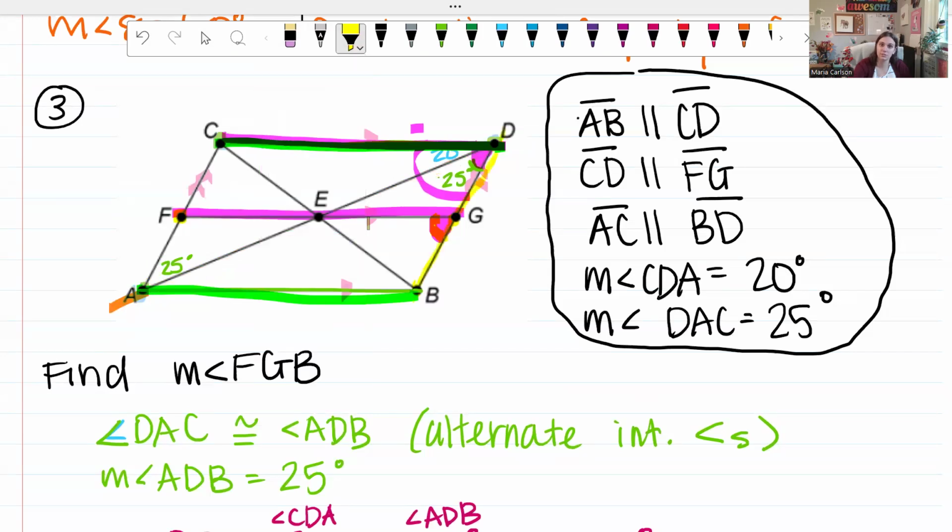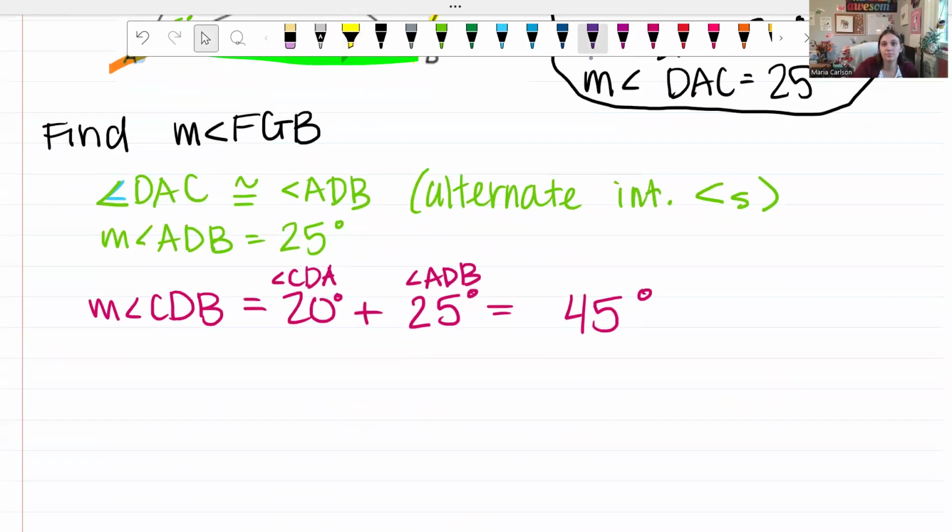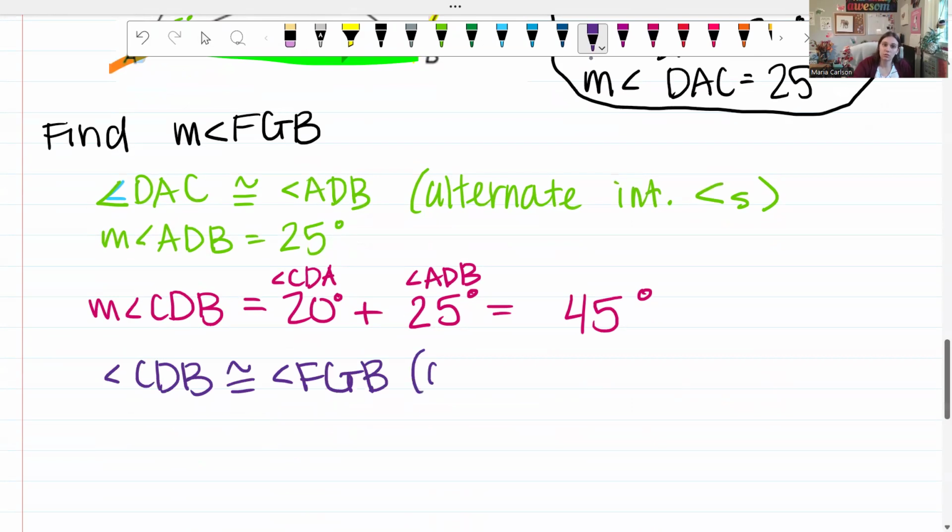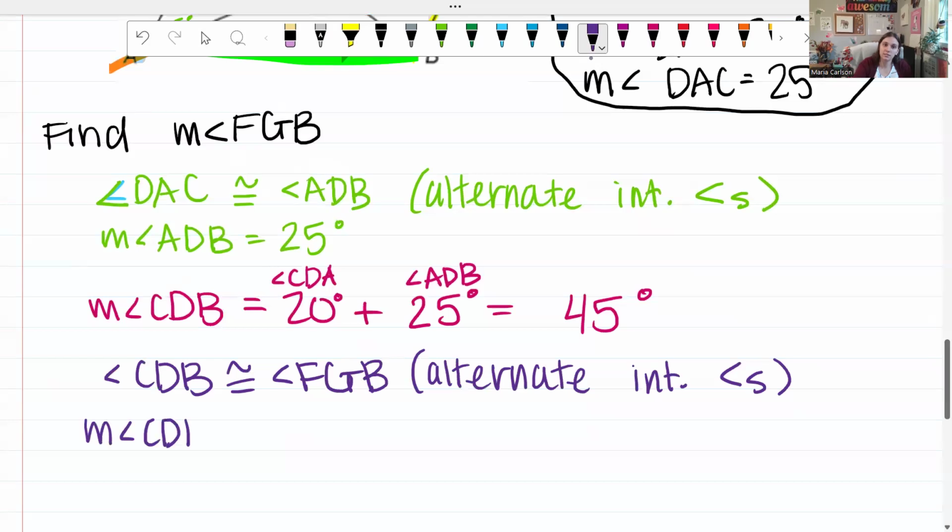So angle CDB has to be congruent to angle FGB because they are alternate interior angles themselves. Which means then that the measure of angle CDB equals the measure of angle FGB. So the measure of angle FGB is 45 degrees.